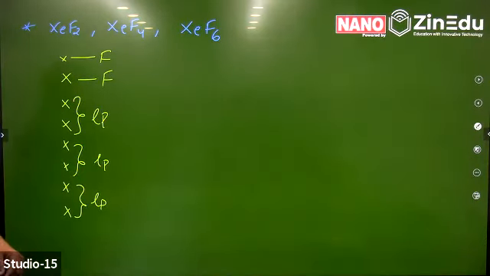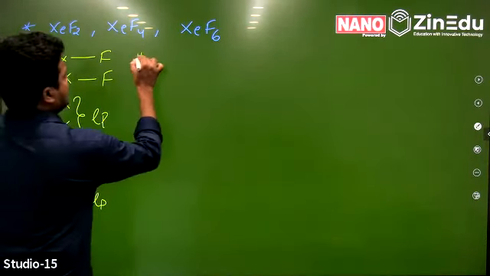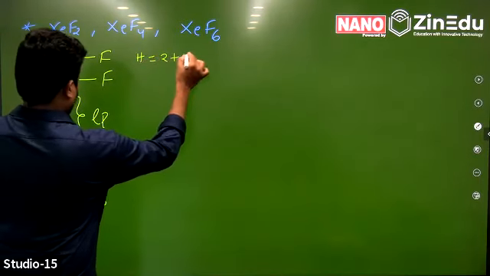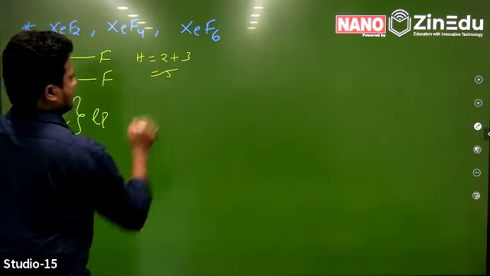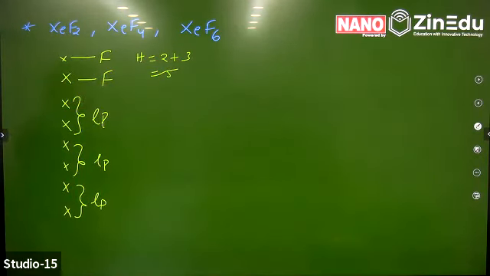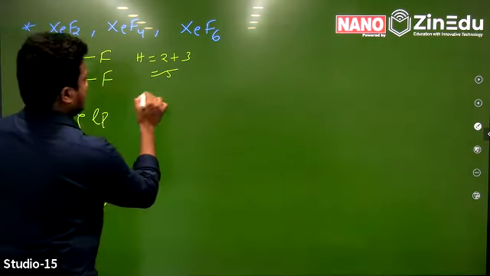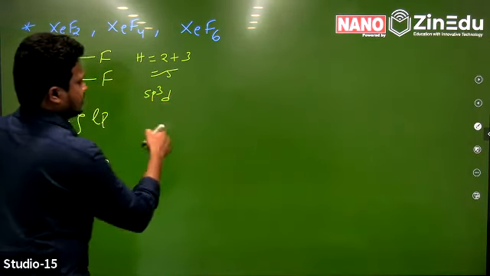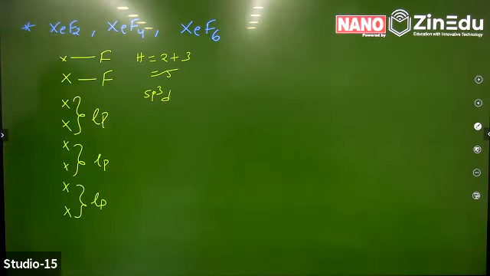3 lone pairs and 2 bond pairs. Now the total count for hybridization: 2 plus 3 equals 5. So 5 means which hybridization? sp3d. Shape of the molecule? We count these as lone pairs.